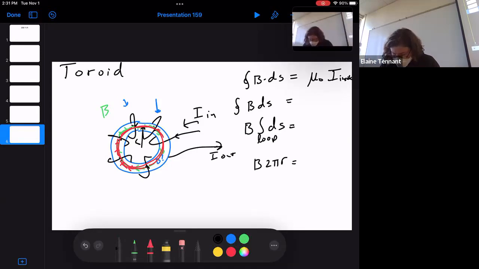Looking at this picture I've drawn, if I have current I in this wire, how much current do I have going through the circle?